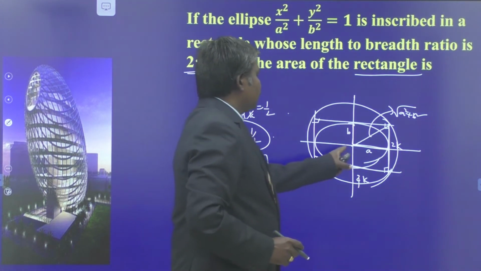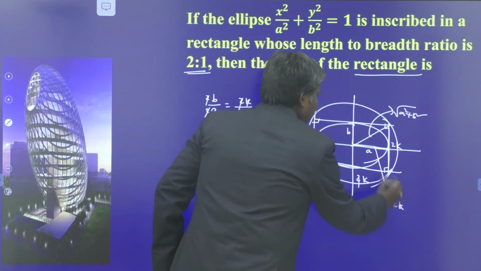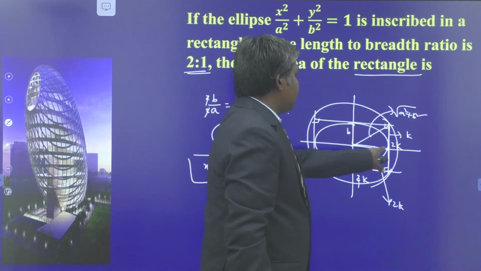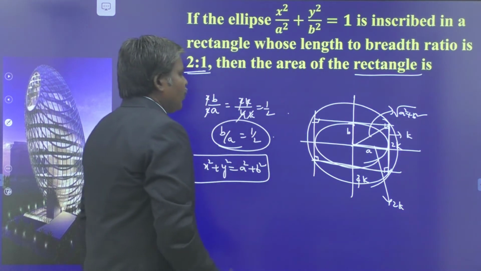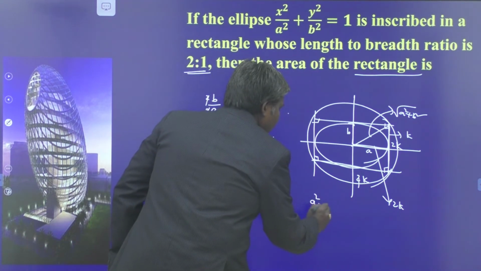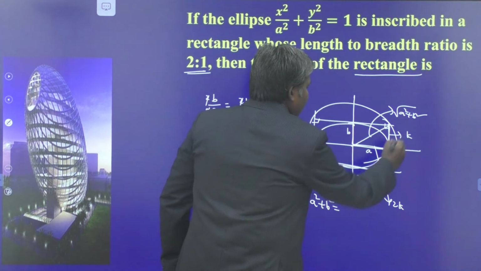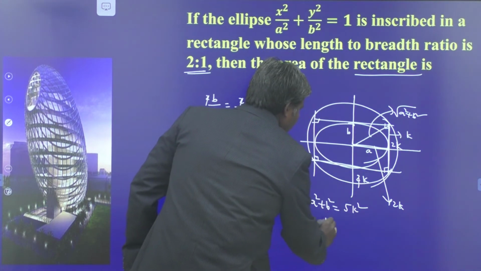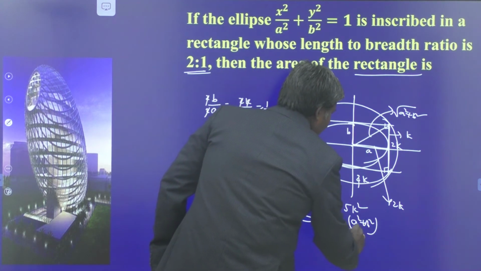Now, what is the distance here? 2k. What is the distance here? k. This is 2k, this is k, this is root of a square plus b square. By using the Pythagoras law, a square plus b square is equal to 4k square plus k square, that is 5k square. From that, you calculate k square as a square plus b square by 5.